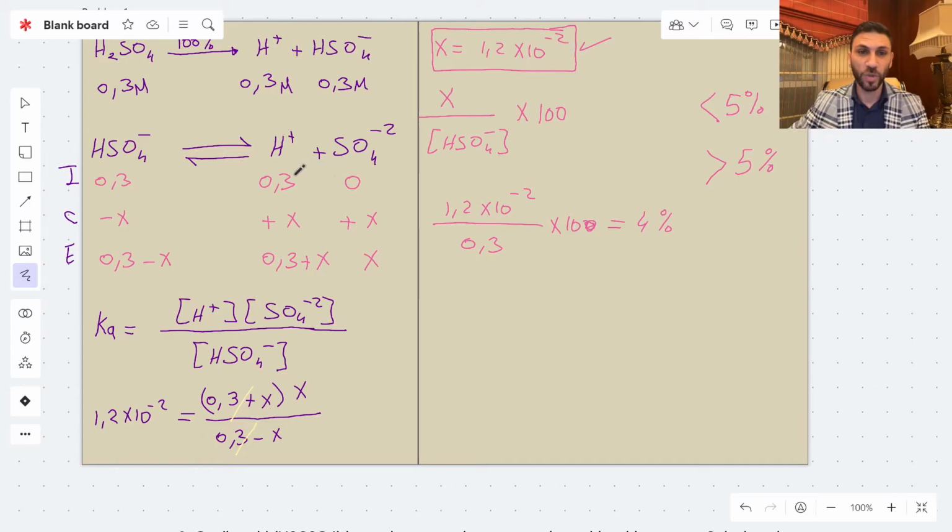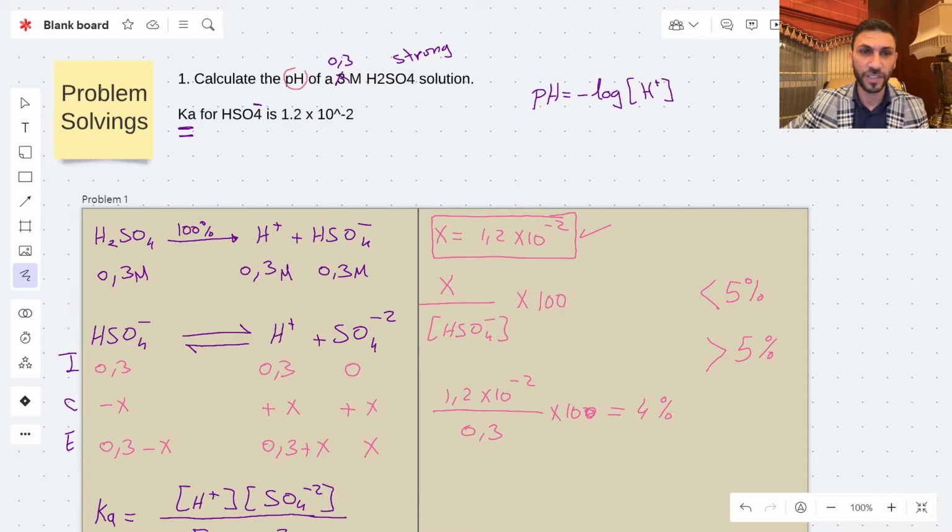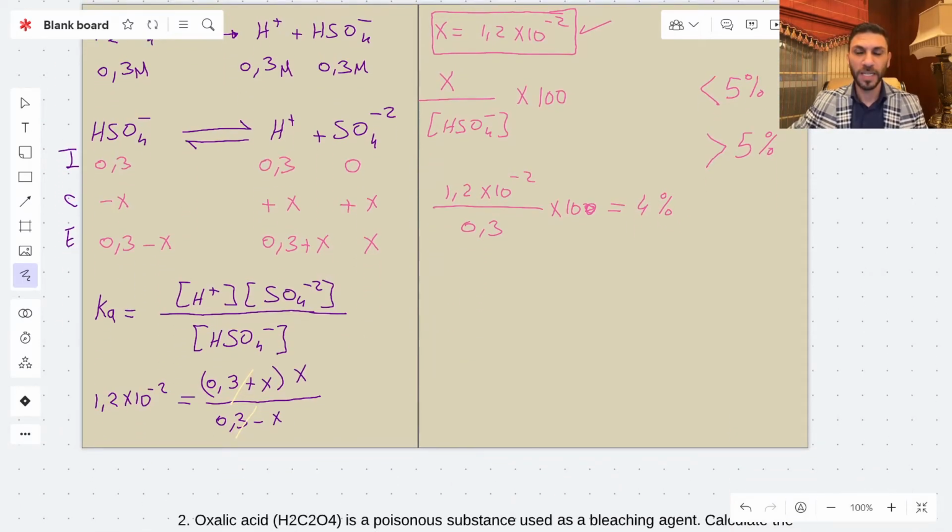Now let's solve it for the H positive, because in the main problem here, they're asking for the pH. Now we have X, and therefore the H positive equals to 0.3 plus 1.2 times 10 to the power of negative 2, which equals to 0.312 molar.